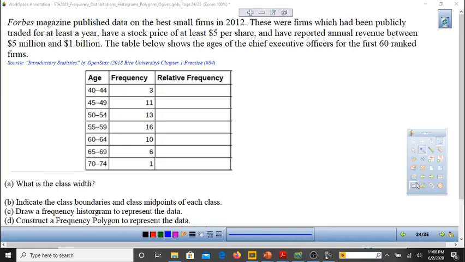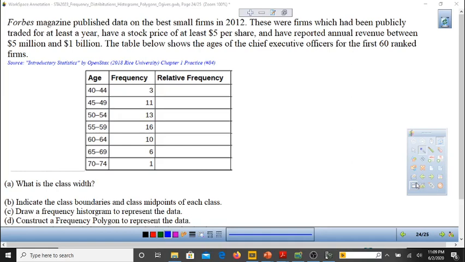These were firms which had been publicly traded for at least a year, have a stock price of at least $5 per share, and have reported annual revenue between $5 million and $1 billion. The table below shows the ages of chief executive officers for the first 60 ranked firms.